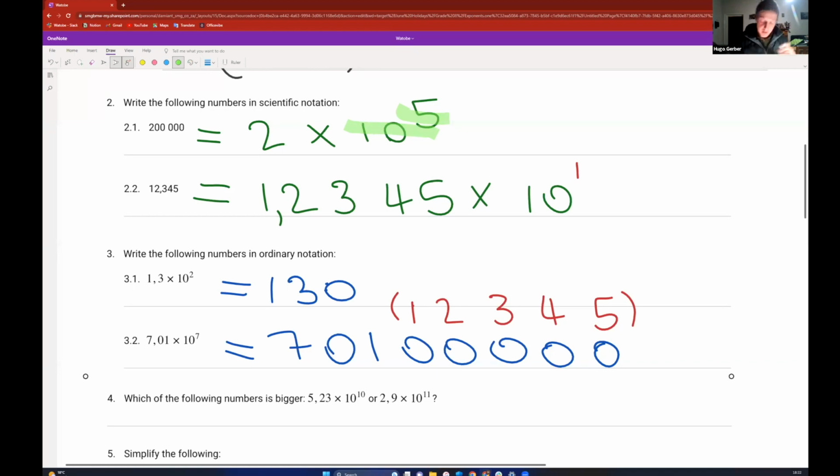Okay, no problem. So scientific notation, I'm going to give you a quick wrap on this. And if you still do not understand, I'm going to ask you to go check the YouTube channel for where we did scientific notation. Teacher Sam did that with you, and then she'll spend an hour explaining it to you. So if you don't understand the simple explanation, just go check out the YouTube channel.